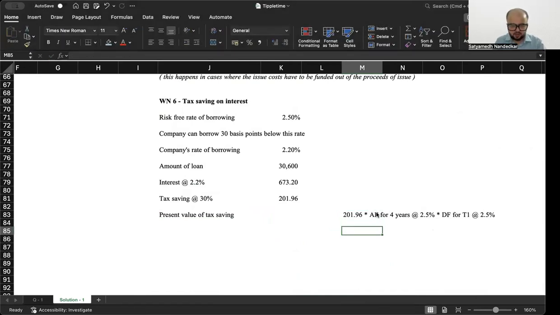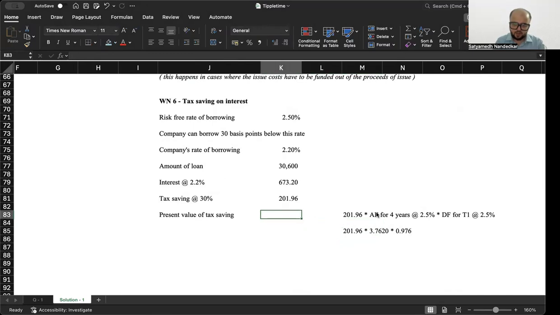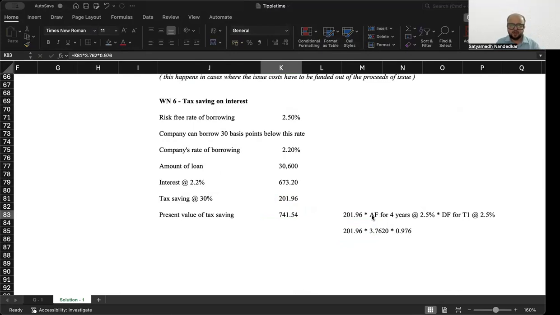Annuity factor is 3.7620 into 0.976. This comes to 741.54. This is the present value of tax saving.